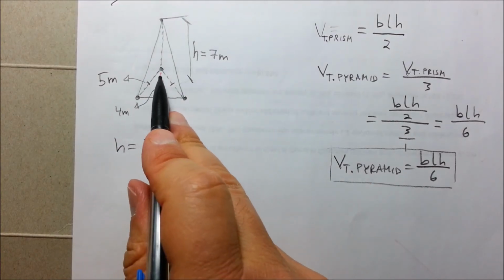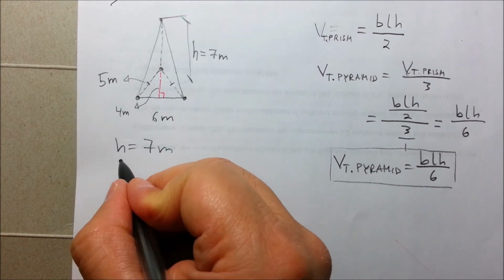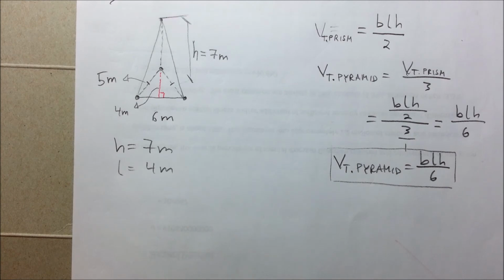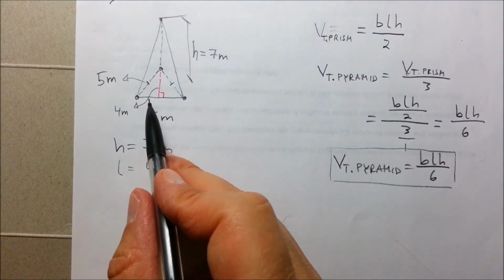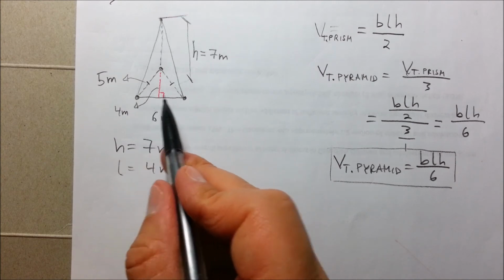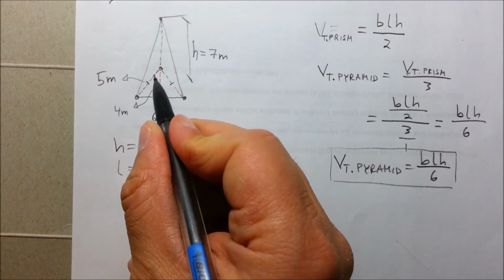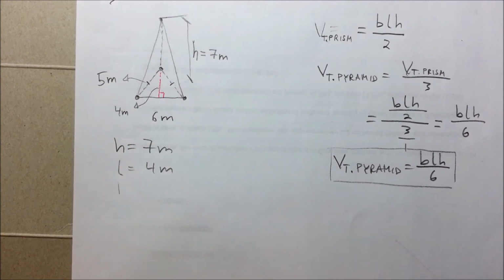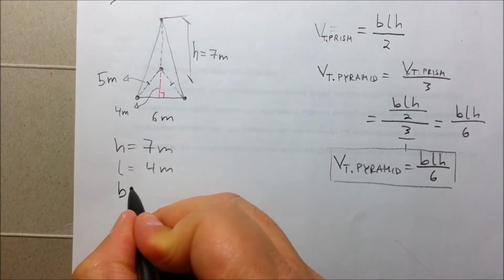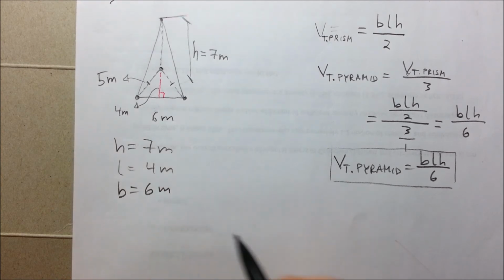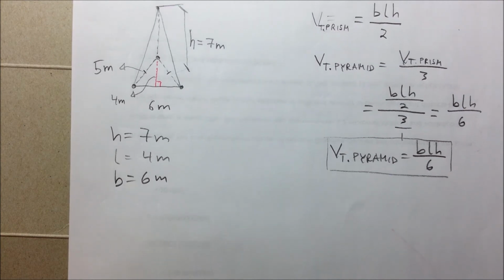Well, L is going to be the height of the base, which is, in this case, 4 meters. And what about the base of our triangular base right here? This would be 6. Okay. So B is equal to 6 meters. So now we can use this formula and apply it.